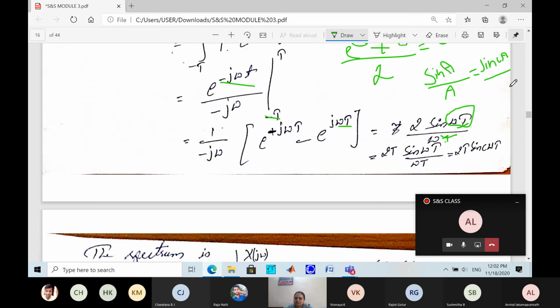Almost in the integration part, I hope you used this. If I compare here, 2T is a constant, and instead of sine omega T divided by omega T, I can write the sinc function, sinc of omega T, where A is omega T.